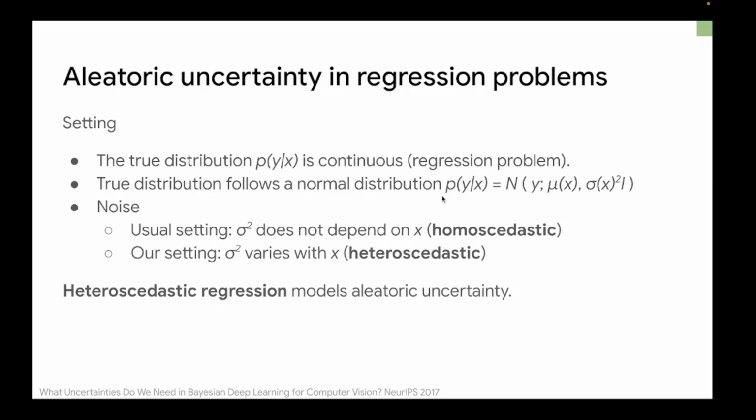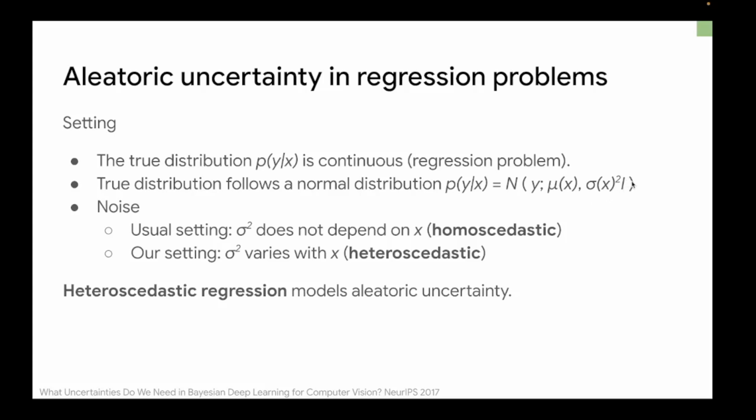The most popular distribution that we assume for P of y given x in regression is a normal distribution. So you can assume that P of y given x is some density function for the value y, which is parameterized by mu of x and sigma of x.